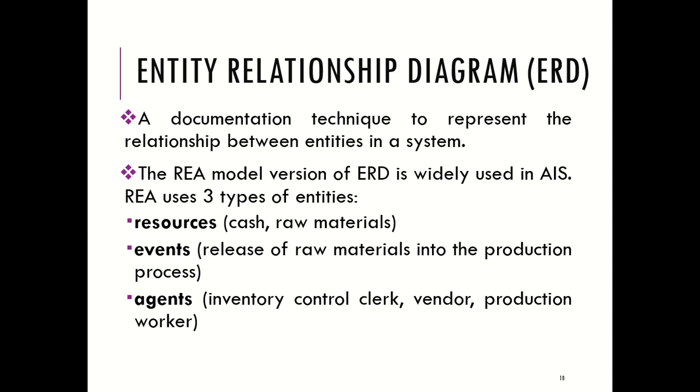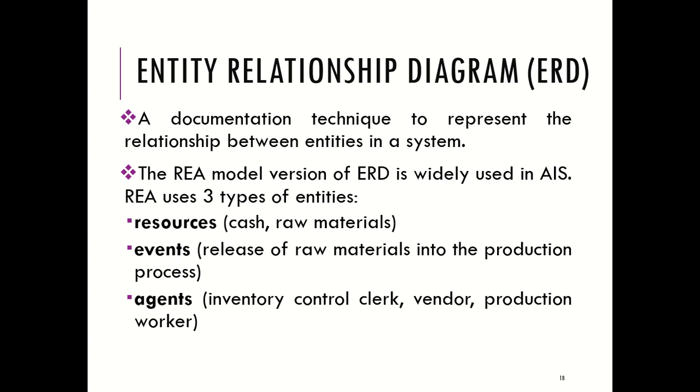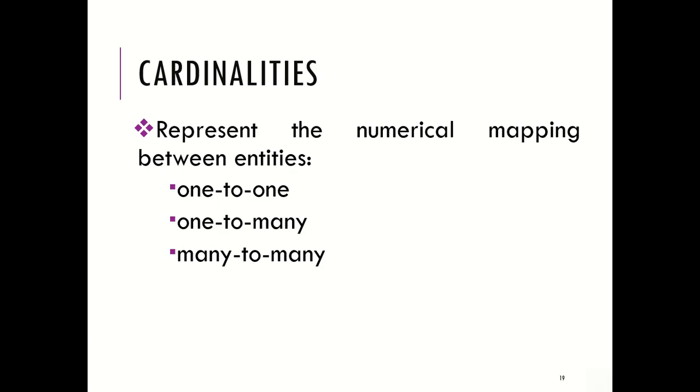The REA model version of the entity relationship diagram is widely used in accounting information systems. So yung tatlong entities under the REA model natin: the resources, yung events, and the agents. Okay? So under this entity relationship diagram, cardinality reflects the normal business rules and organizational policy.